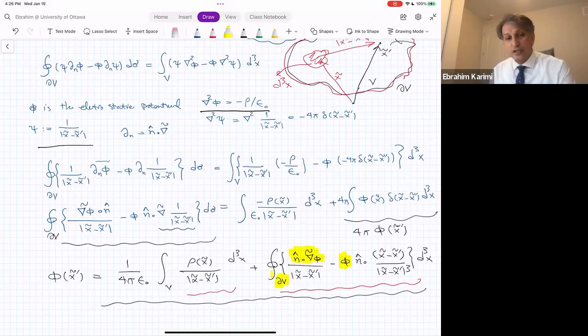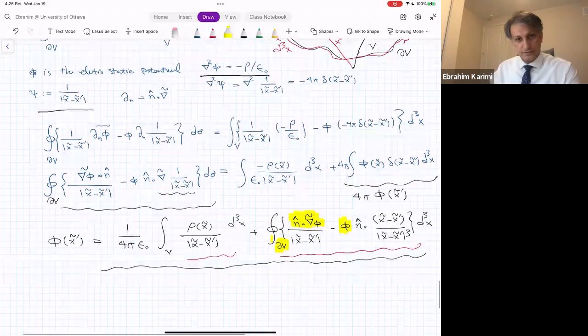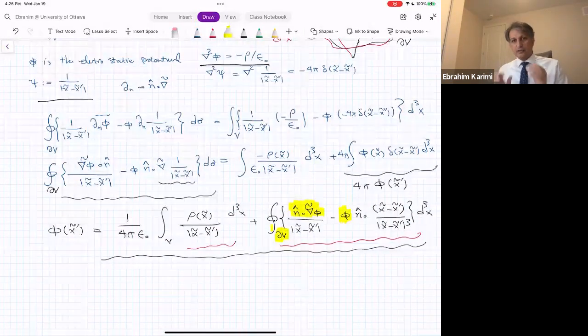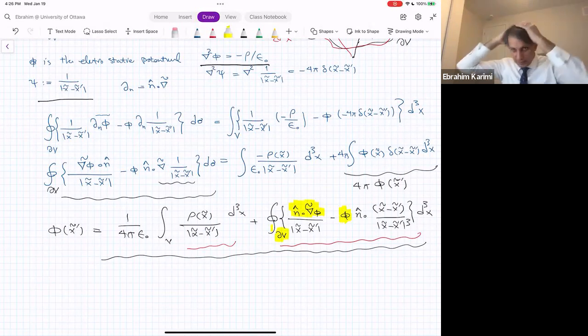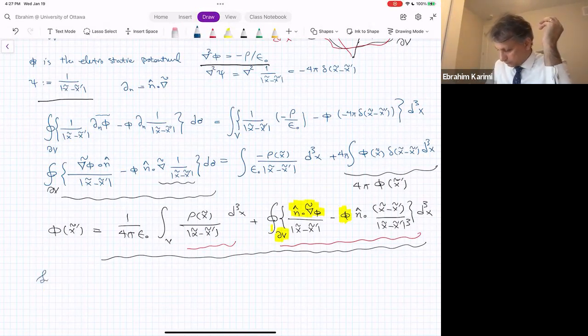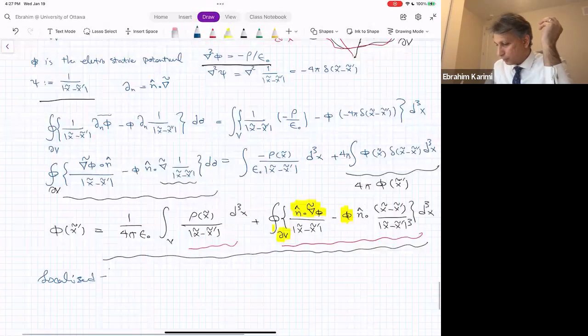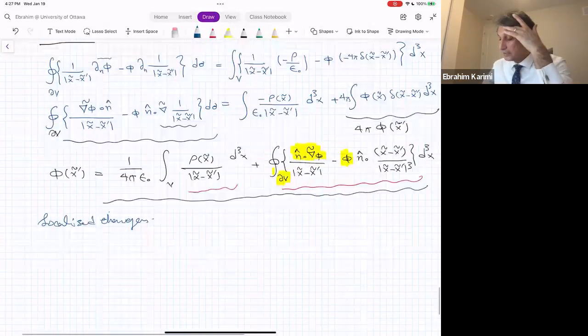So now, assuming that the charges are localized, again, what does it mean? That if I go far away, if the volume is extended to infinity, the surface goes to infinity, then the charges will look like a point charge. And the potential due to the point charge, this is for localized charges.